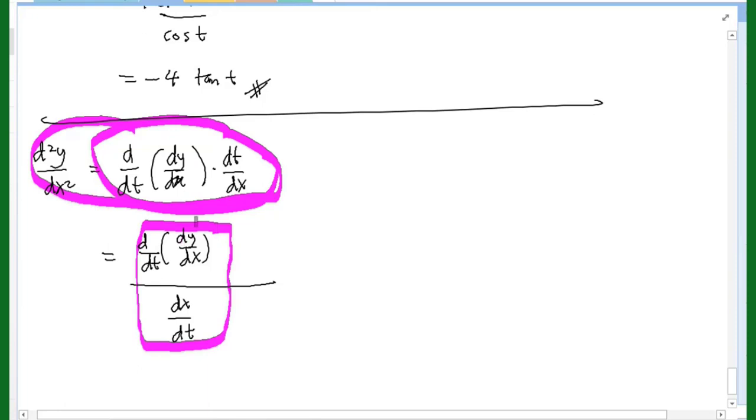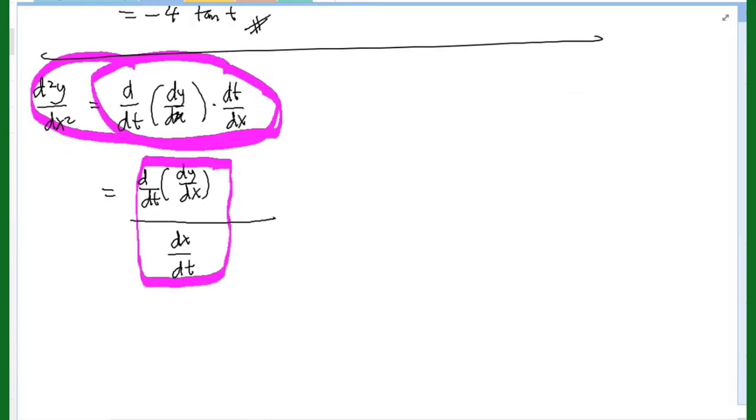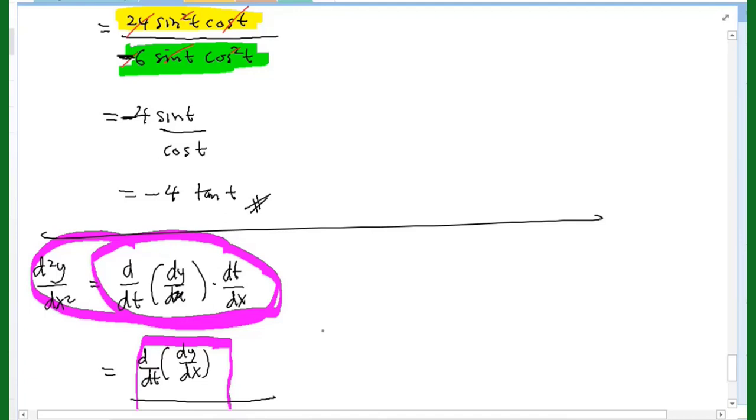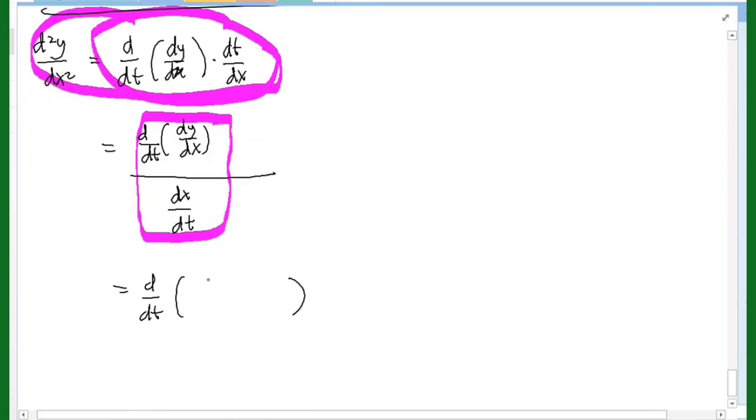Okay, so now substitute. This is dy/dx, negative 4 tangent t, over dx/dt.